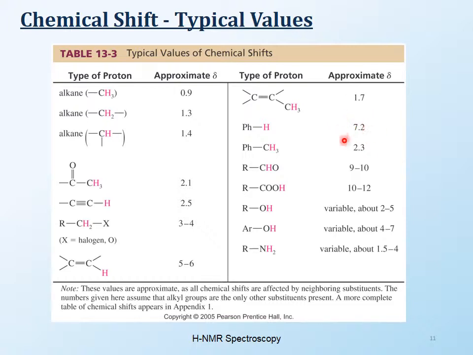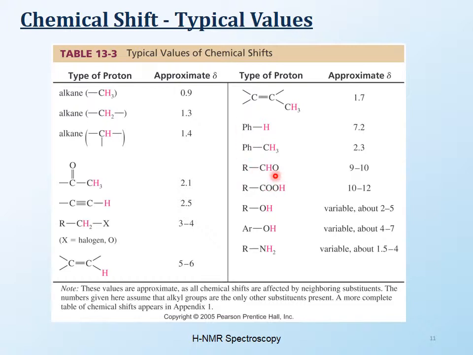Okay, and so that's what the 7.2 is for aromatic protons. These protons are what are attached to the aromatic ring, okay, which comes at 2.3. So this CH3 is almost as bad as if it was attached to an electronegative element, okay, which means that it is a little deshielded, and the deshielding is going on because of the aromatic ring.